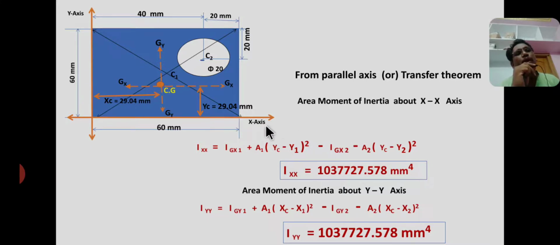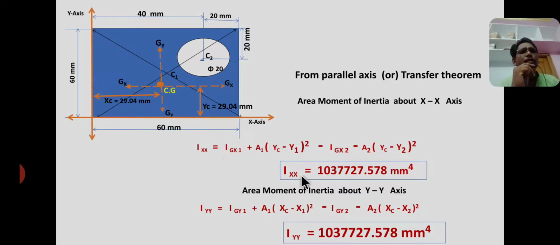Now you have to subtract the value for area 2 because area 2 is a hollow circle. Therefore I consider a negative sign for section 2, so minus Igx2 minus a2 (yc minus y2) whole square. Here yc, xc are the coordinates of the centroid, and y1, y2, x1, x2 are the coordinates of the individual centroids.